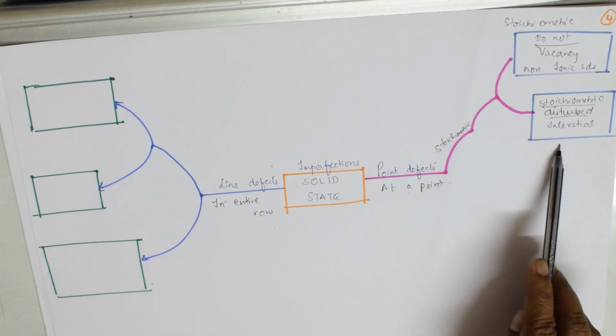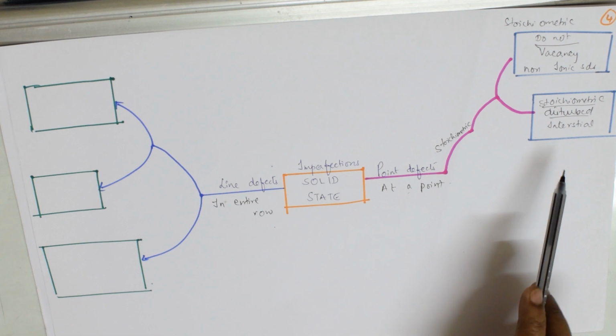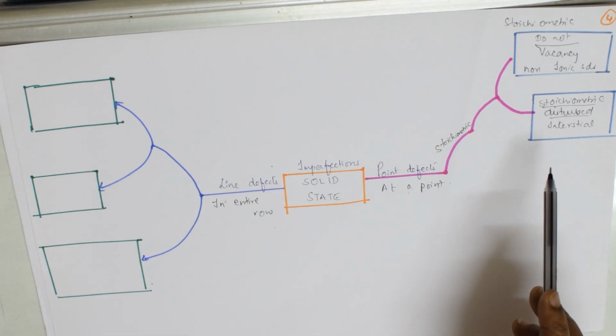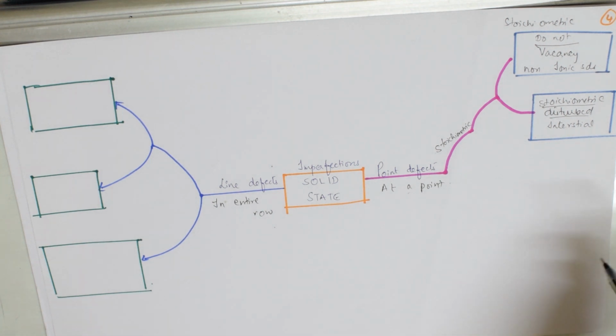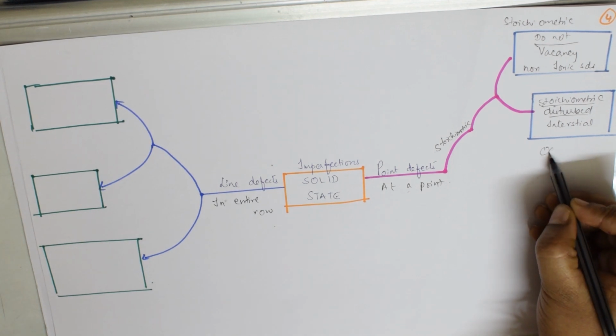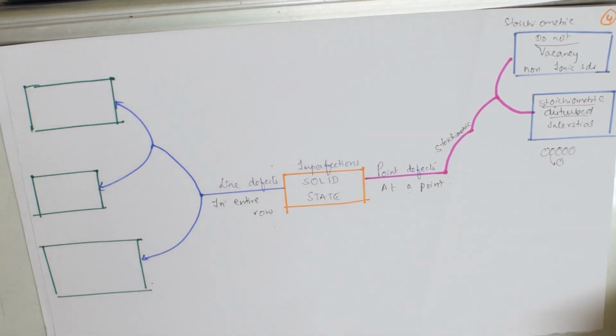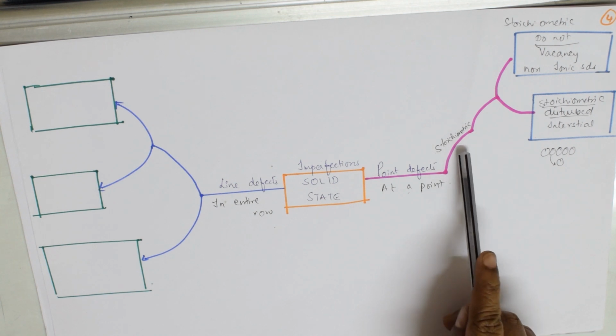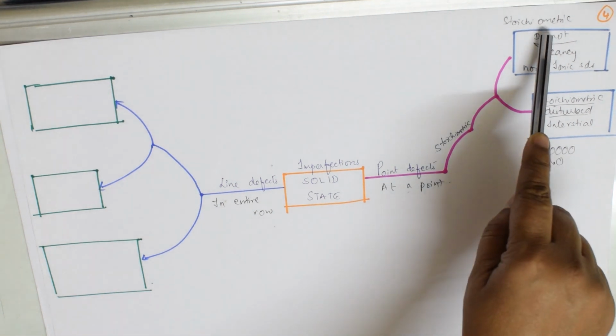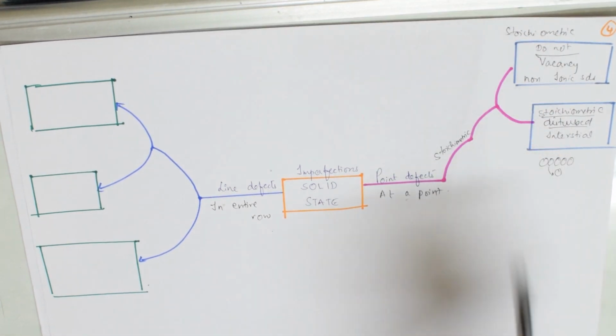But in the interstitial defect, the particles in the lattice will go and occupy the interstitial space. One of the particles will go and occupy the interstitial space. This is also observed in non-ionic solids. So remember students, stoichiometry not disturbed is vacancy, stoichiometry disturbed is interstitial.